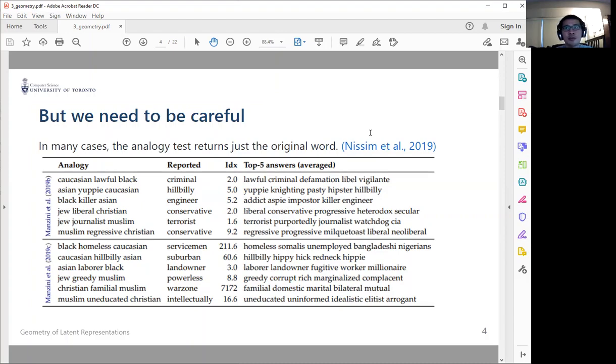This is one point that this paper made: we need to be very careful in interpreting word analogies. And second, word analogies do not just equal the semantics, because if we look at the top 5 answers closely, the first answer is liberal and the second answer is conservative. They are almost opposite on the semantic coordinate.